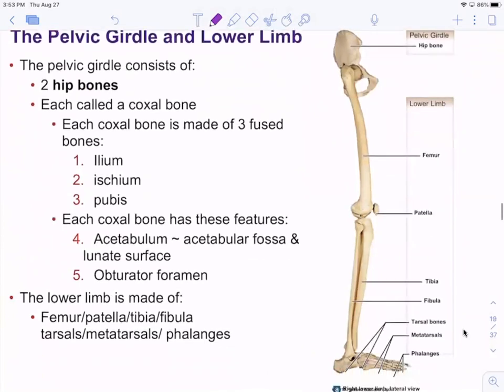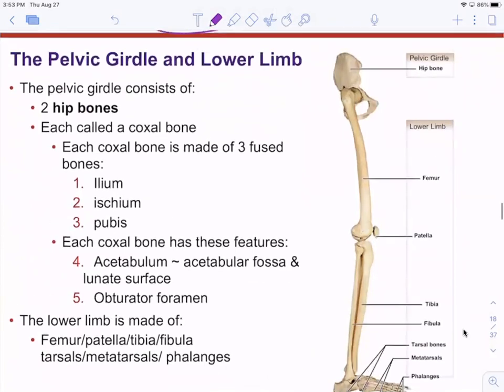All right, lower limb. Let's talk about the pelvic girdle and the lower leg. Now, you have 2 hip bones. Hip bones are also referred to as the os coxae. So you have 2 of those. And then remember, you have the sacrum between, right?